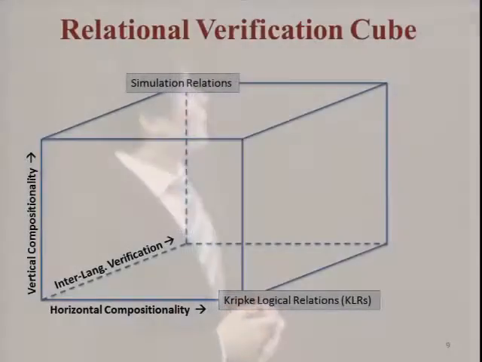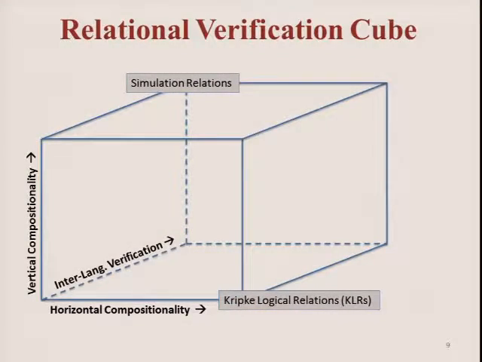Okay, so let me visualize the state of the art in relational verification and my contribution. There are three axes: horizontal compositionality, interlanguage verification, and vertical compositionality. Simulation relations are in this corner, which supports interlanguage verification and vertical compositionality, but not horizontal compositionality.